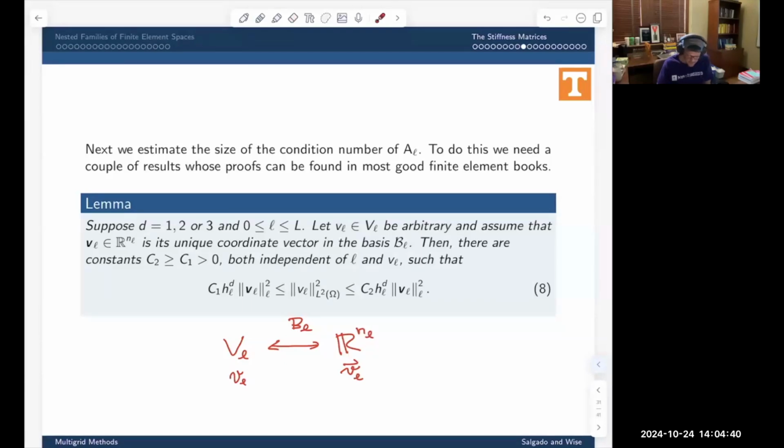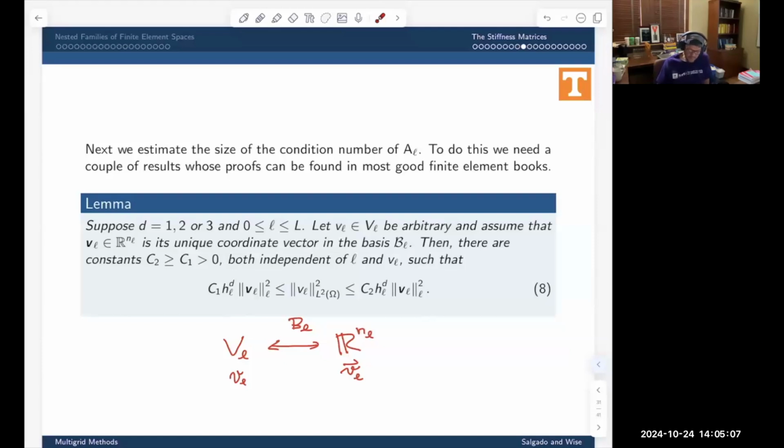Now, the fact that these two spaces are isomorphic to each other means that we can make this statement across these two spaces. In other words, we can use a measure of norm in this space, and it's going to be equivalent to the measure of a norm in this space. So this is just norm equivalence kind of hiding in a slightly different form.